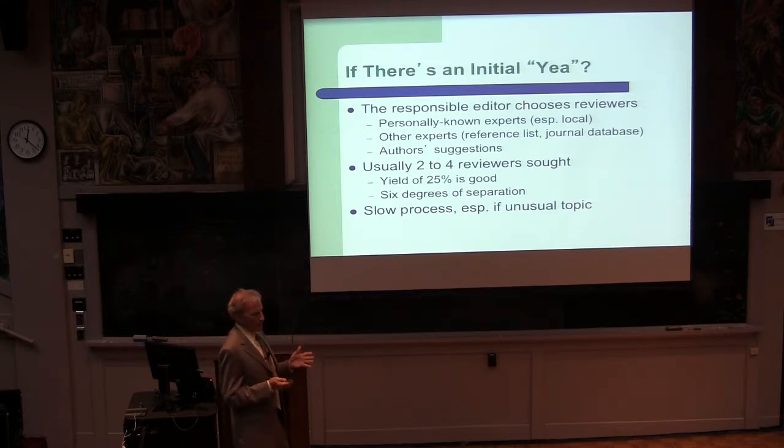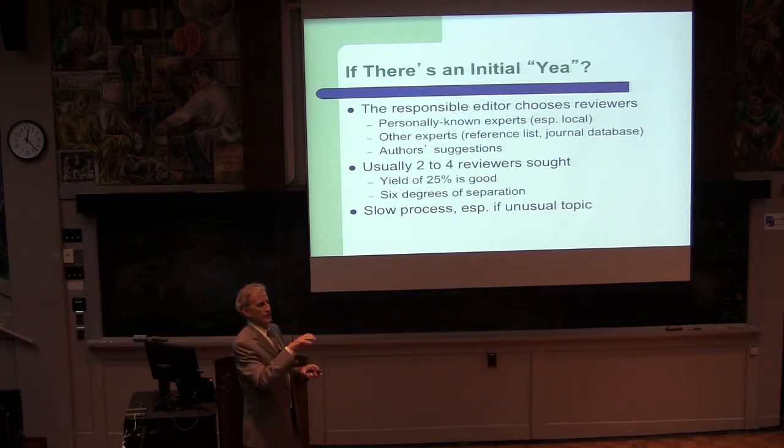Now, the most common way that reviewers are selected is that most journals have a database, with keywords, of people who reviewed for the journal previously. In a journal that has real staff, the staff will actually do a keyword search and suggest 5 or 6, maybe even 10 or 15 reviewers to the editor.